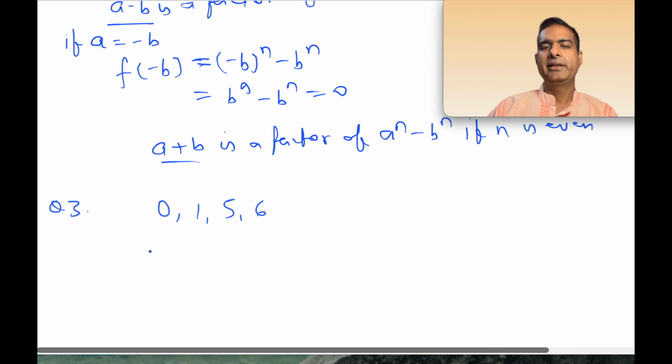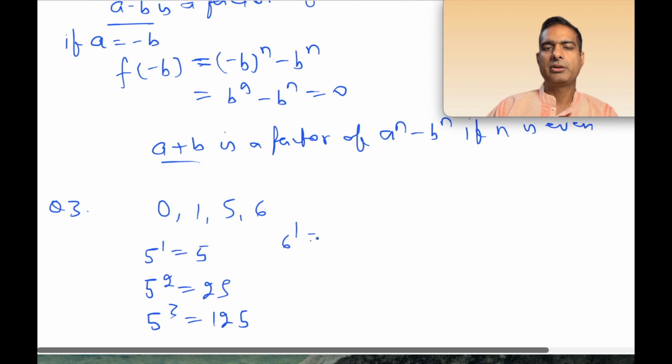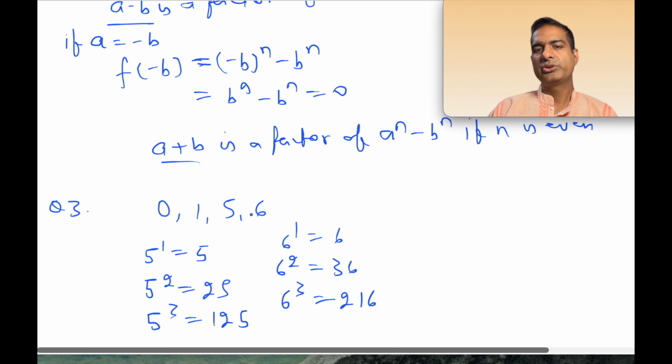Like if we take 5 to the power 1, then it will be 5. 5 square will be 25. 5 cube will be 125. Similarly, 6 to the power 1 is 6. 6 square is 36. 6 cube is 216. So 0, 1, 5, 6 are the digits whose any power ends with the same digit.